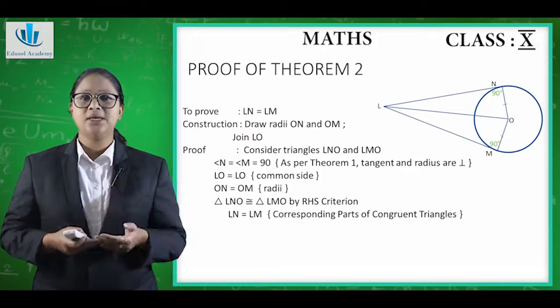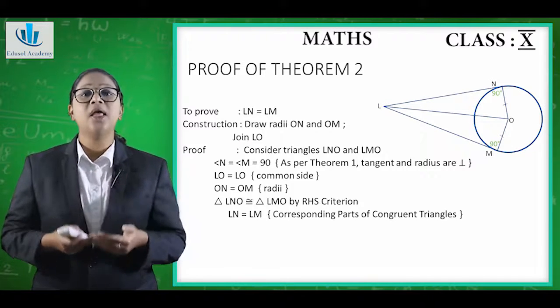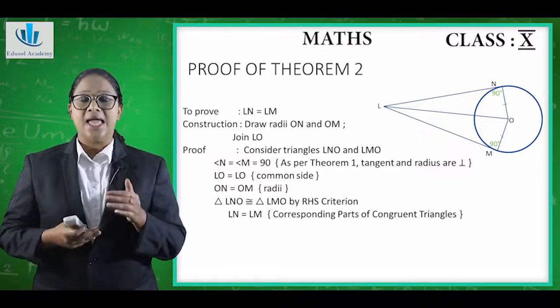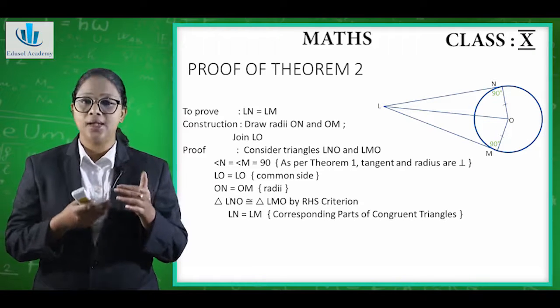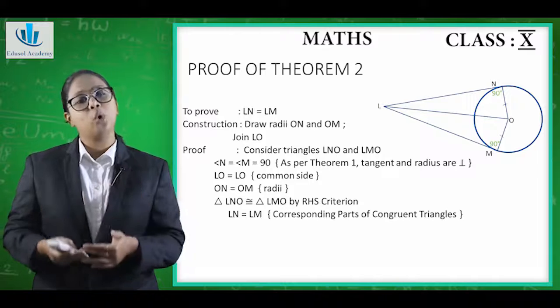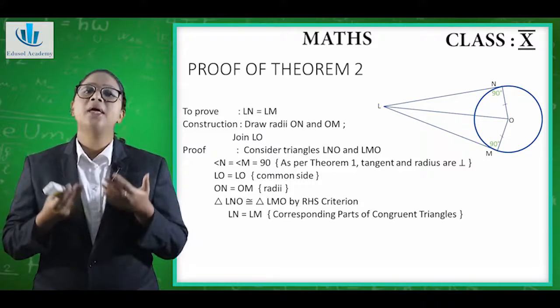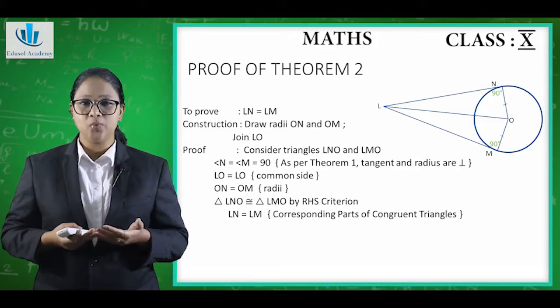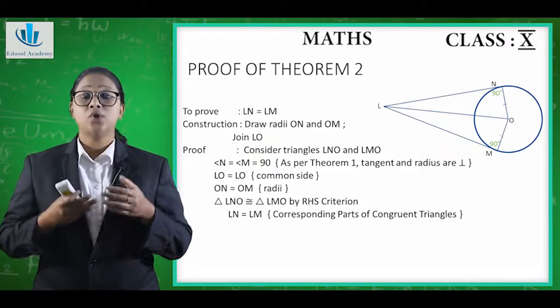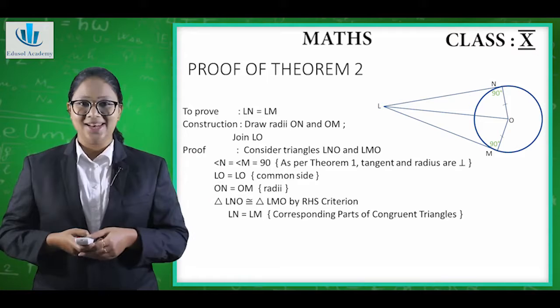By CPCT, or corresponding parts of congruent triangles, we can conclude that LN from triangle LNO and LM from triangle LMO are equal in length. What are LN and LM? The tangents. So hence proved that the tangents drawn from an external point to a circle are equal in length.